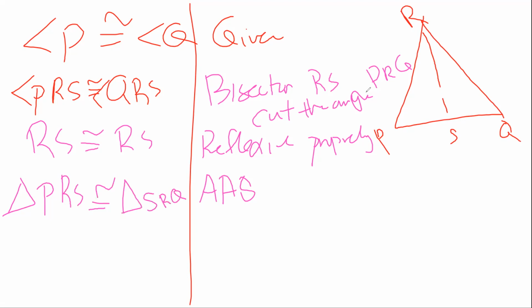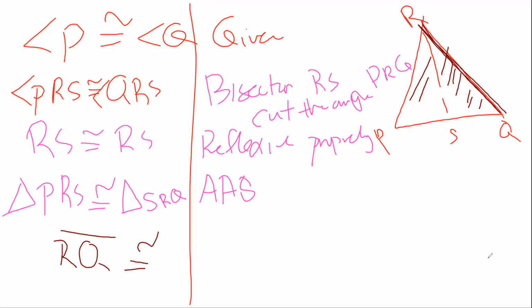Since they are congruent, each element in this triangle is congruent, so I can conclude that RQ is congruent with RP.